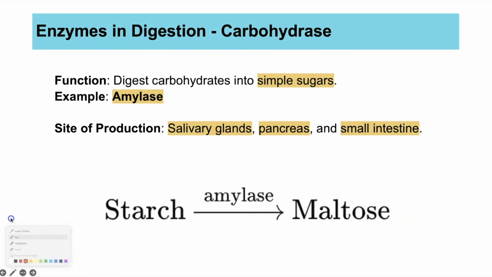So one little tip to help you to remember new terms in biology is that any word you see in biology that ends in ASE means it's an enzyme. So carbohydrase literally means it's an enzyme that breaks down carbohydrates. So amylase is an example of a carbohydrase enzyme, and it ends in ASE.